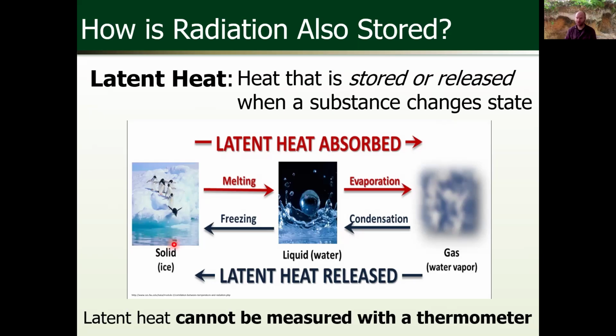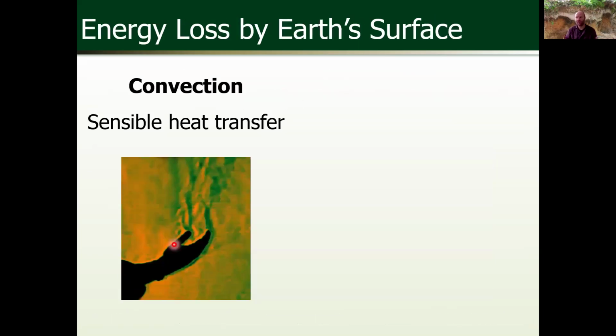So how does this work? What does this mean? Let's think a little more directly in terms of how it influences us. So we think about convection, which is the sensible heat transfer. Convection has everything to do with circular movements of heat, where hot air rises and then cools and sinks back down.